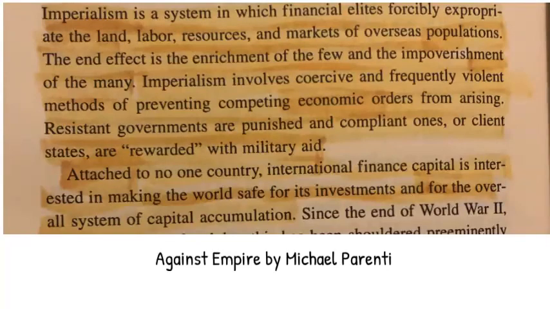Now, those type of policies constitute, as Parenti says, a competing economic order. Now, the purpose for the corporation and for the state is to eliminate this barrier so that the multinational corporation, the financial elites, could exploit the country, so the country is up for sale. And they do this through coercive measures, which we will see in the next U.S.